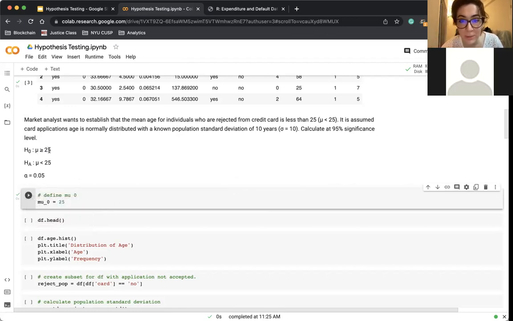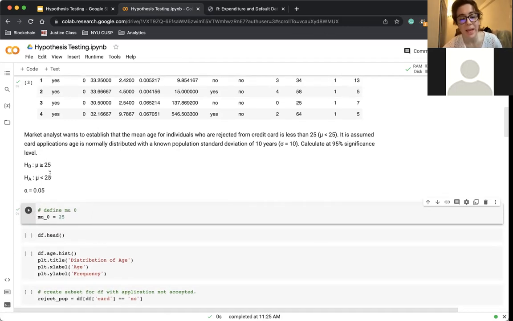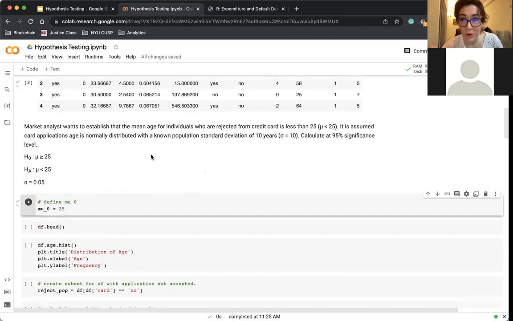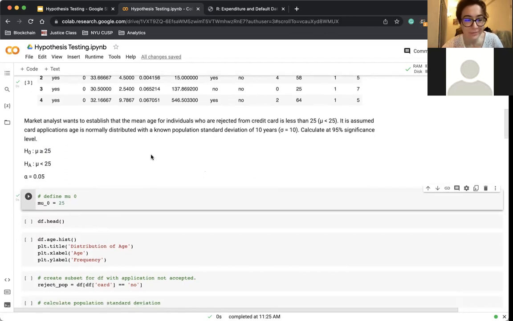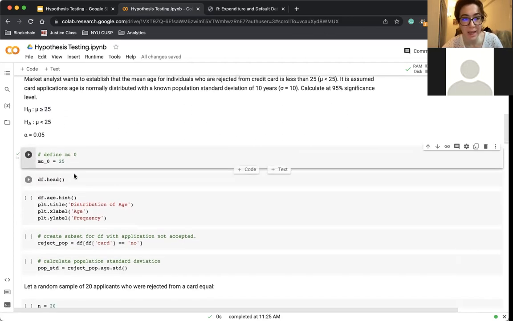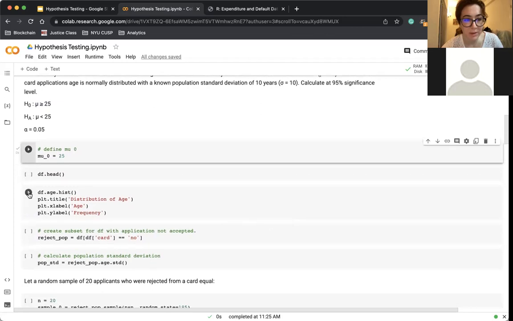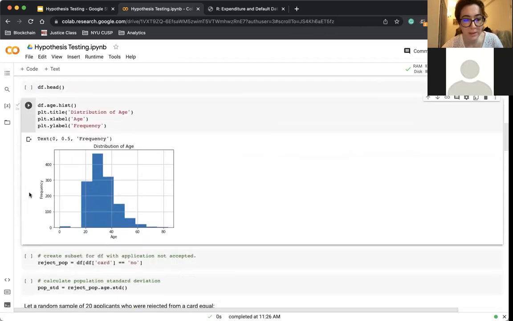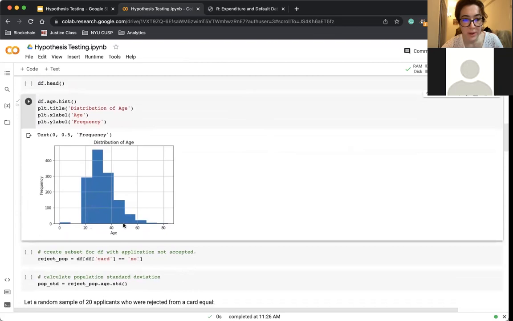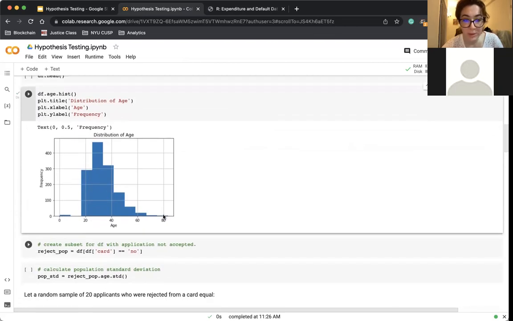So in the homework, I would think through what I would need to see in order to either prove this claim or show there's not enough evidence to support it. So we define the average being 25, and we have our standard deviation. But in this case, I'm going to plot this so we can get a better sense of our population, what we are working with.